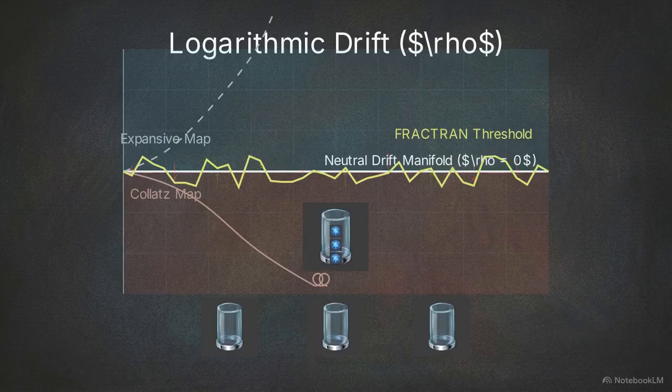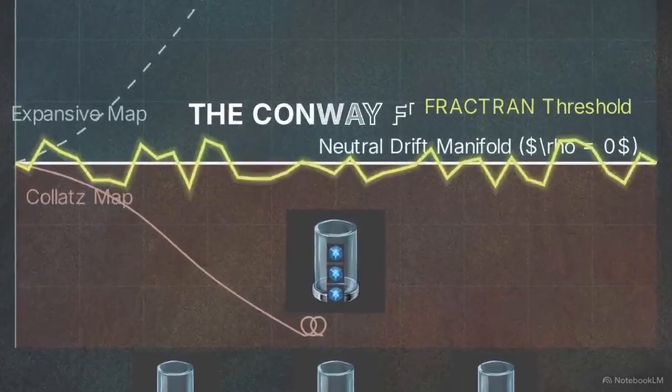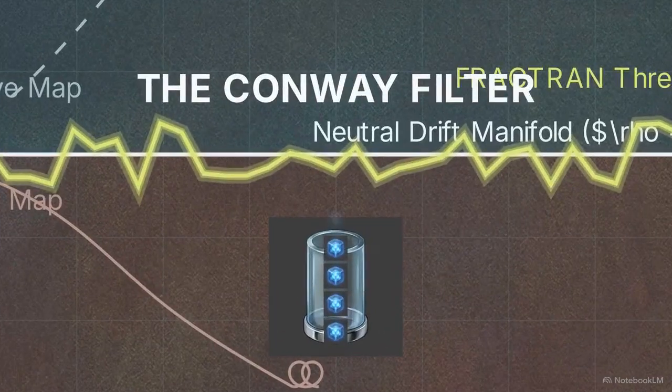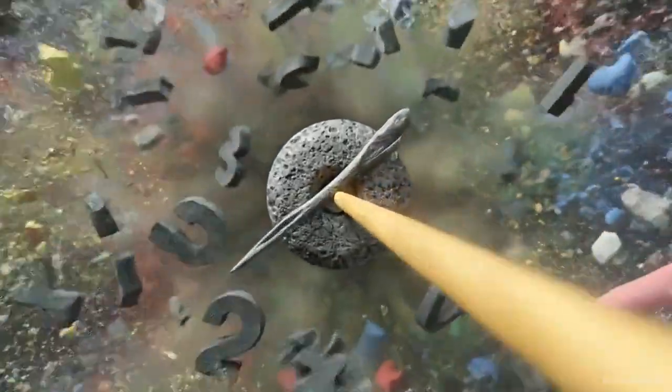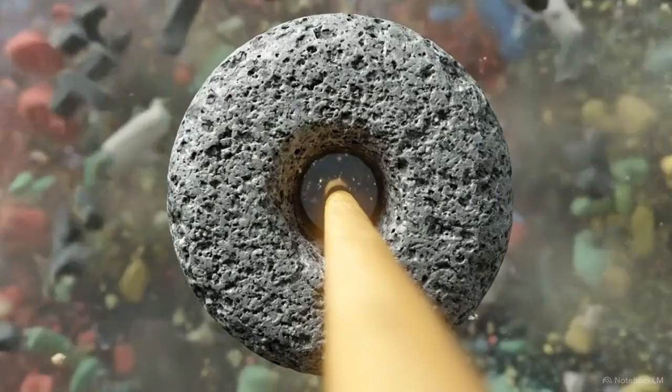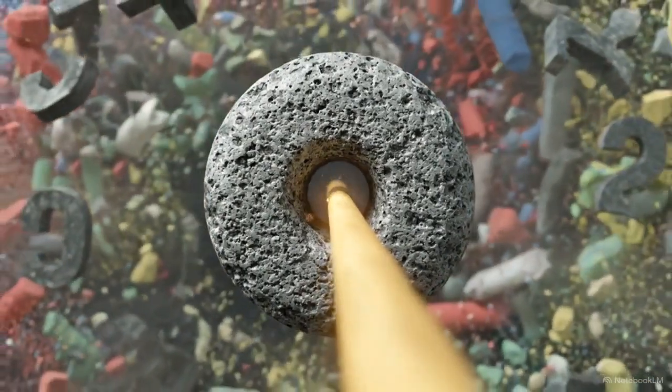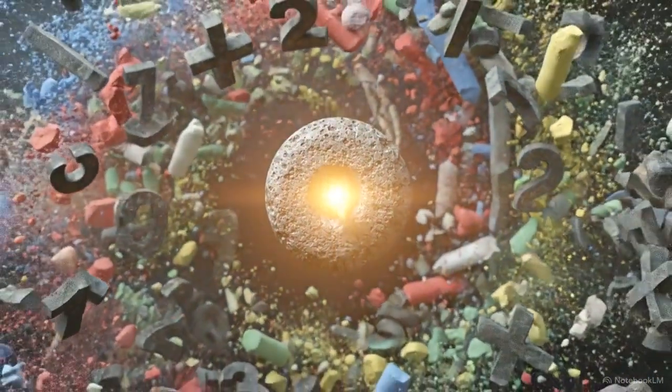To achieve Turing completeness, the machine must exist on this neutral drift manifold, precisely balancing expansive register increments with contractive state decrements. FRACTRAN's 14 residue class architecture is the simplest known mathematical structure capable of threading this exact neutral needle, preserving discrete information infinitely without decaying.